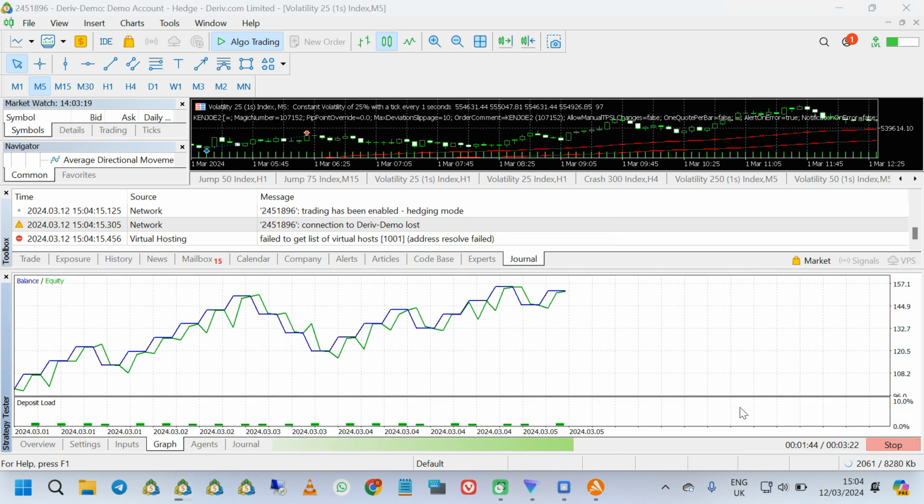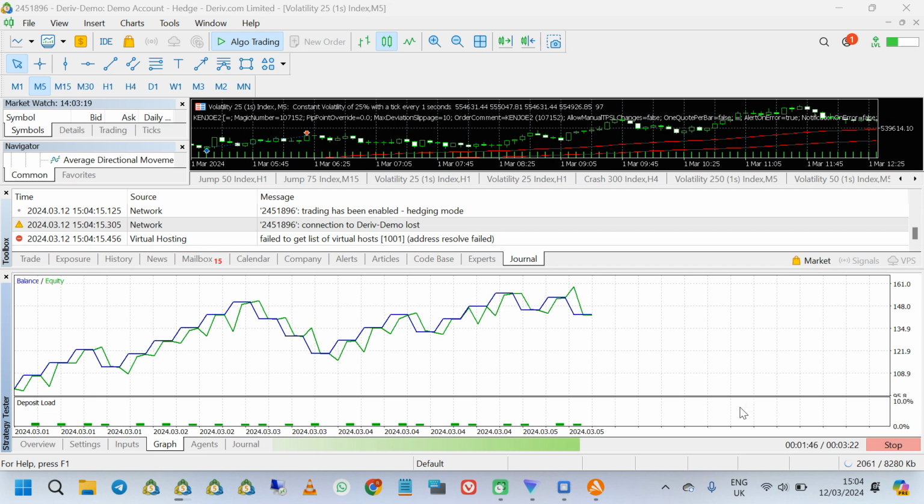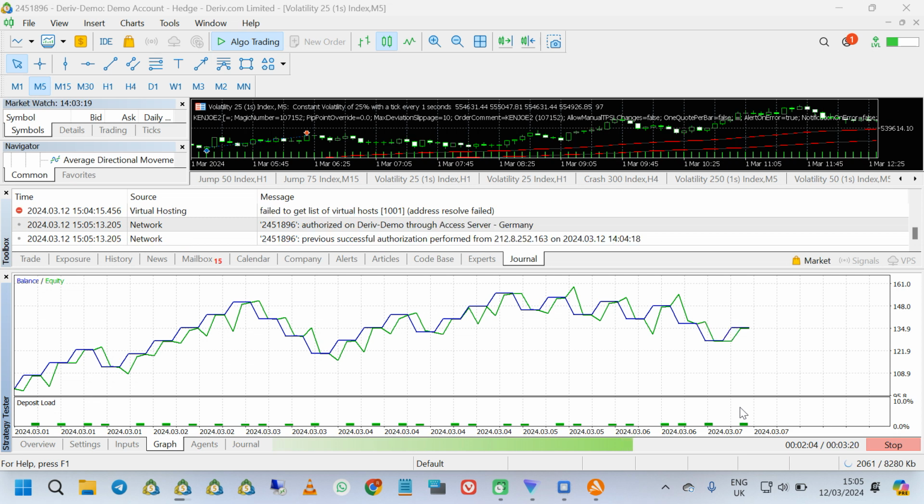All right, so this is the graph, the progression. You can see it moving all the way up. It has actually reached 148, and when it went down to 121. And you know the lowest lot size on volatility 25 is 0.005. Since there's stop loss and take profit, you cannot expect that all the trades will win.